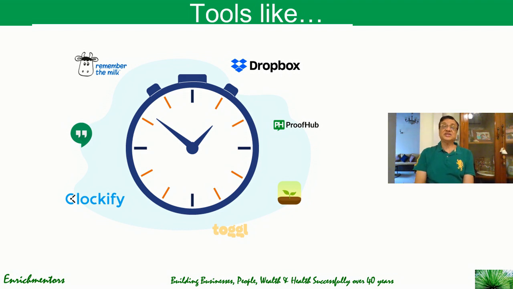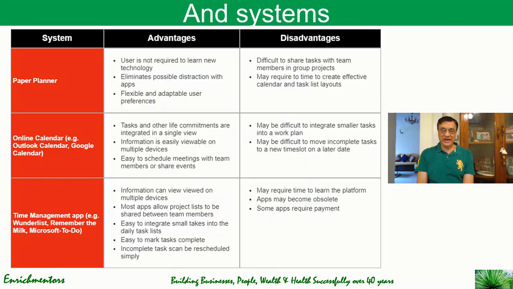And lastly, there are things called systems. You have many ways of doing things, interrelated. What are systems? Systems are interrelated ways of doing things. So let's say, if you're looking at planning, you could do paper planning. In this paper planning, there are certain advantages and certain disadvantages. You're not required to learn the technology.